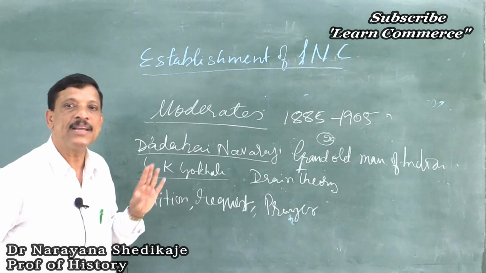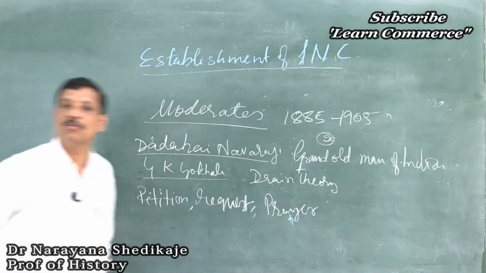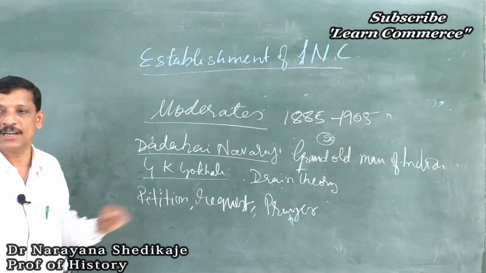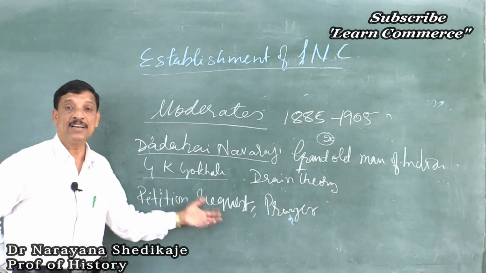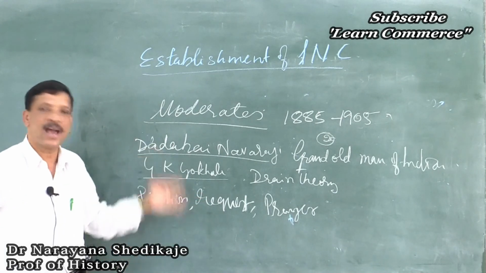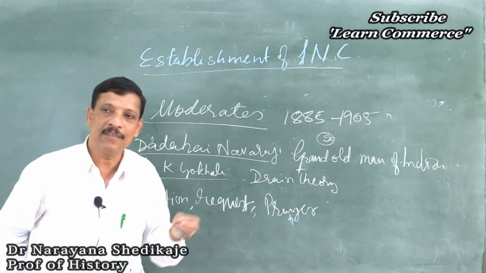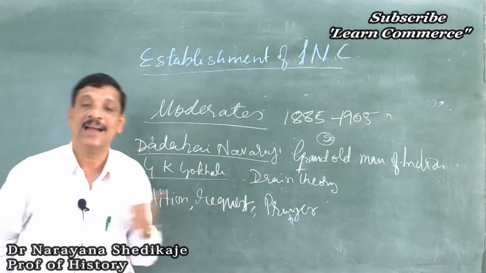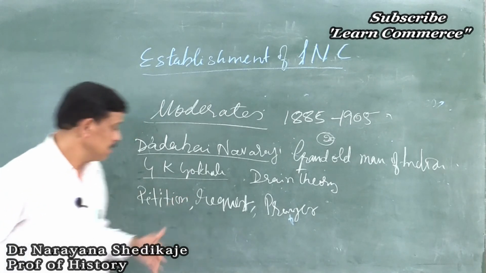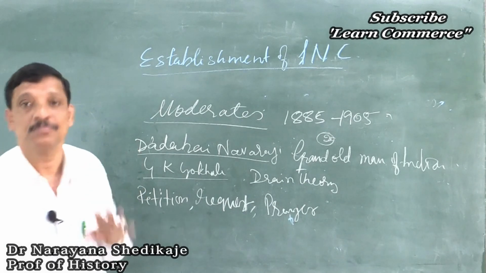But the British never yielded to the methodology of the moderates, because it was not a harsh, violent methodology. They never cared, and they never gave importance to the Congress. They were against the Congress, and they called them disloyal Brahmins, disloyal Babus.